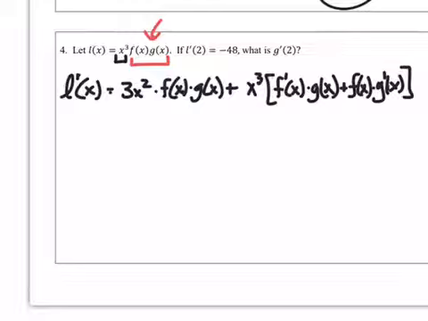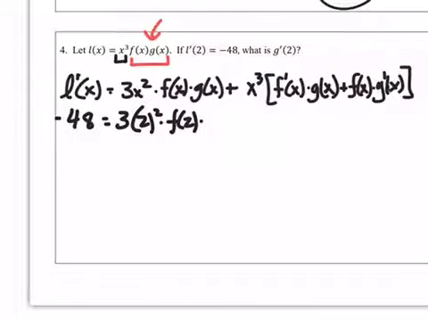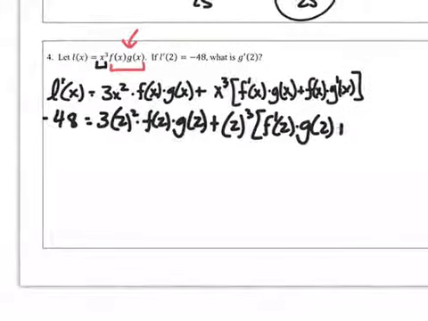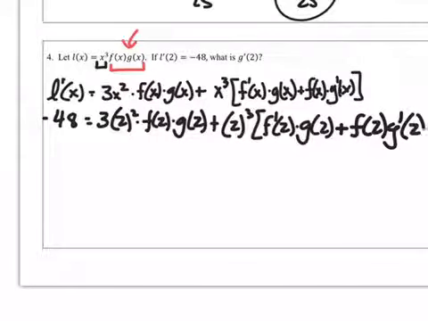So we're told L prime of 2 equals negative 48, so negative 48 would equal 3 times 2 squared times f of 2 times g of 2 plus 2 cubed times f prime of 2 times g of 2 plus f of 2 times g prime of 2.